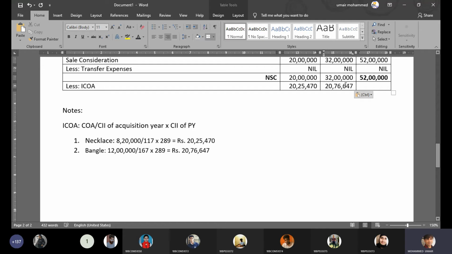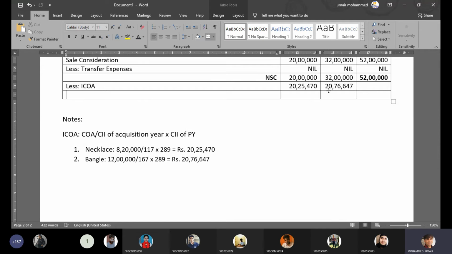Now, if you realize, in the case of the necklace there is a long-term loss, and in the case of the bangle there is a profit. So we'll adjust this loss with the profit.